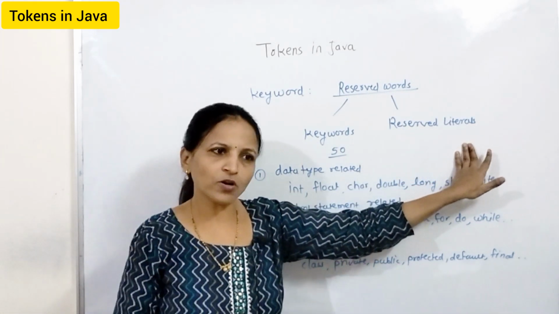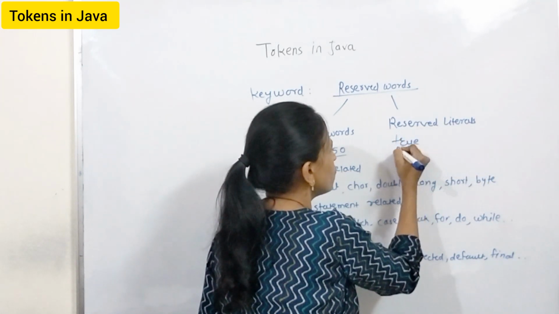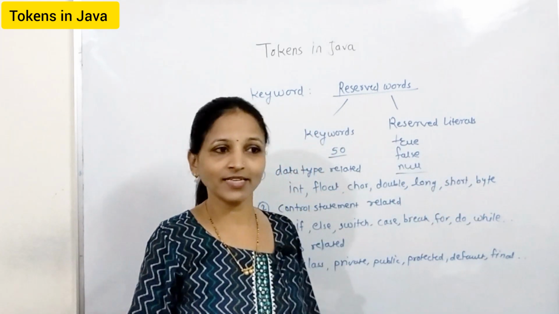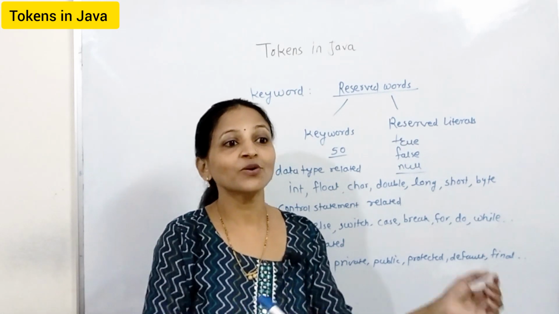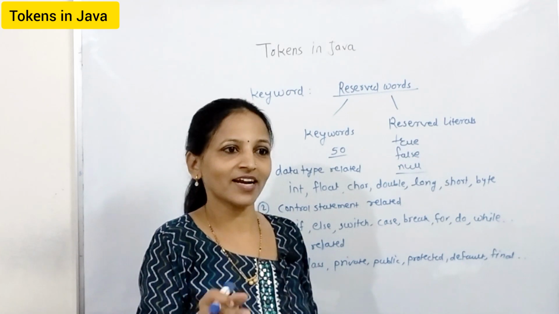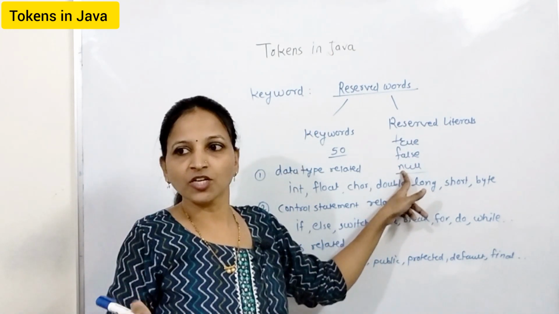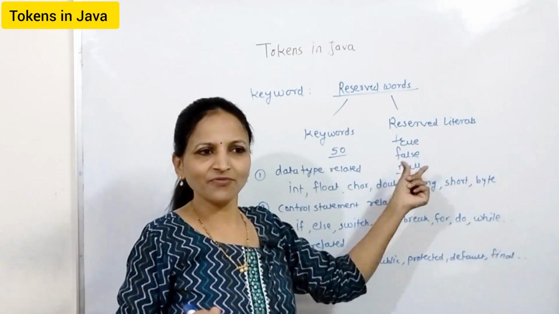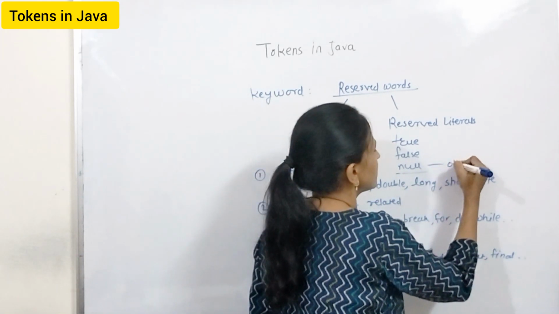Then next point, reserved literals. We have these: true, false and null. You have used null in C and C++ to represent the value of a pointer variable. If it is not pointing anywhere, then you can write null there. That is actually the null keyword. Here if you want to initialize any object reference, then you can write null there. If nothing, then that can be null. This is for object reference.